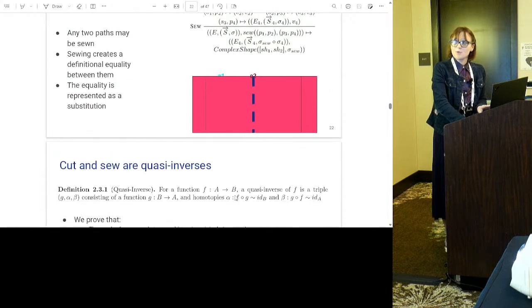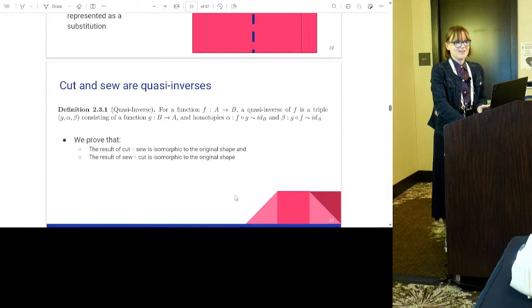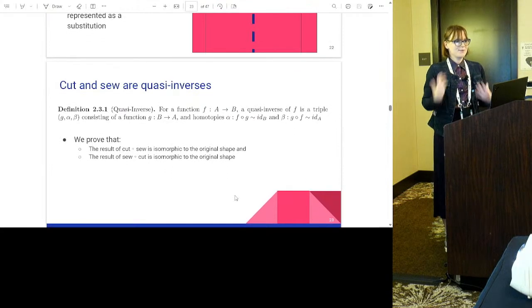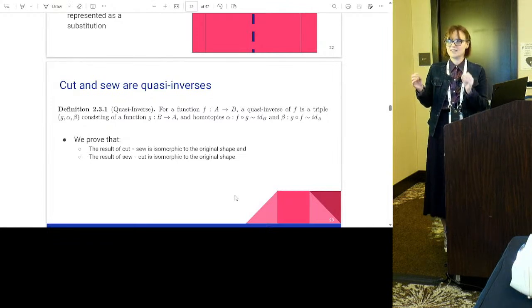Our main cool theoretical result is that cut and sew are conveniently inverses of each other. The homotopy type theory community uses quasi-inverses instead, because you have to find the specific way that they are inverses of each other. You have to find that exact specific case.